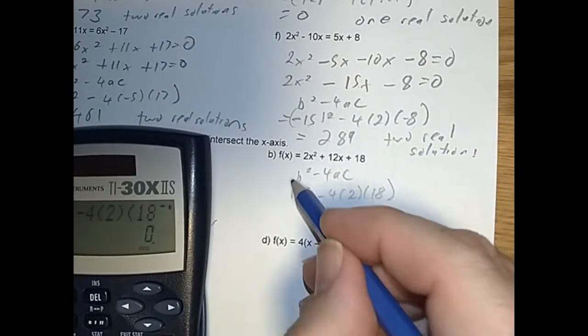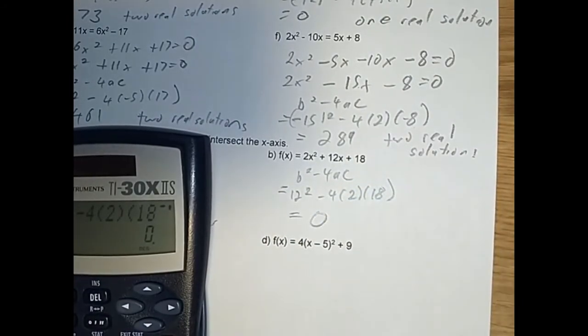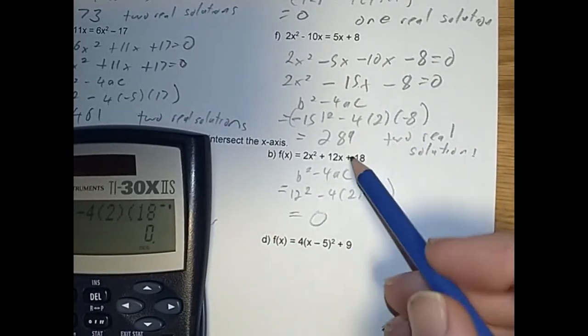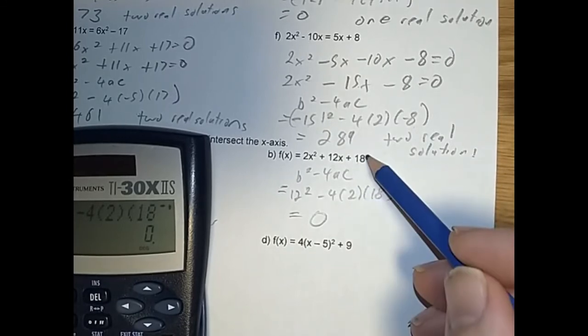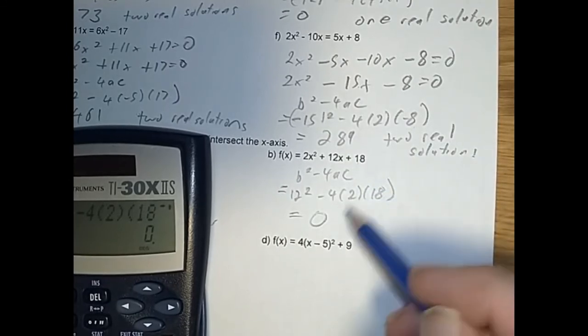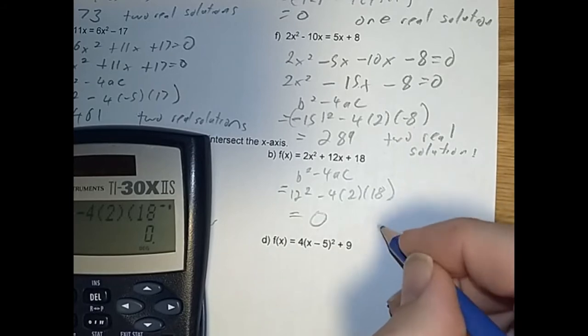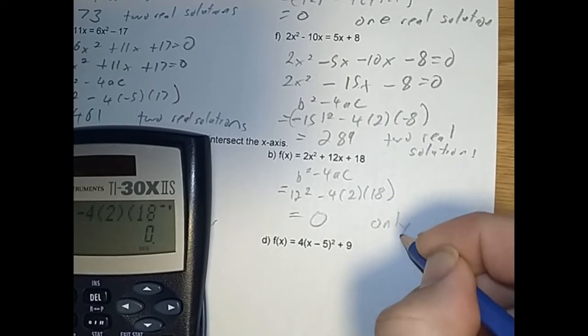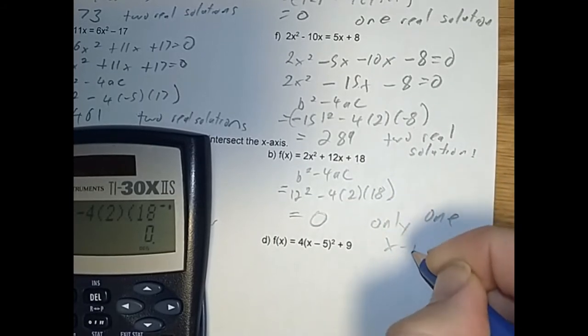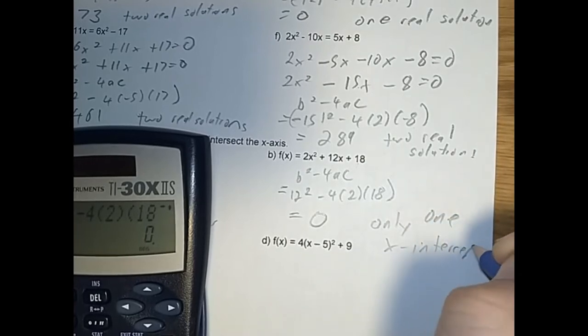Okay, if I get 0, this means there's only one x-intercept. So for this equation, the vertex is on the x-axis. There's only one x-intercept, because it's 0.